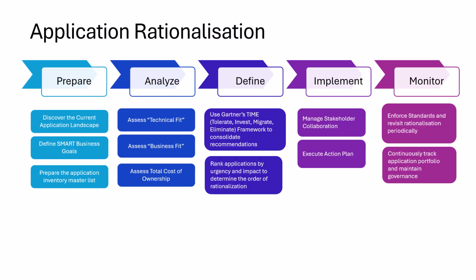Now, when we move on to the analyze phase, this is the actual assessment. So we will need plenty of stakeholder engagement, both business and technology stakeholders. So the identified business and technical owners will be involved in some interview sessions where we try and understand what is the capability or what is the usage of that application.